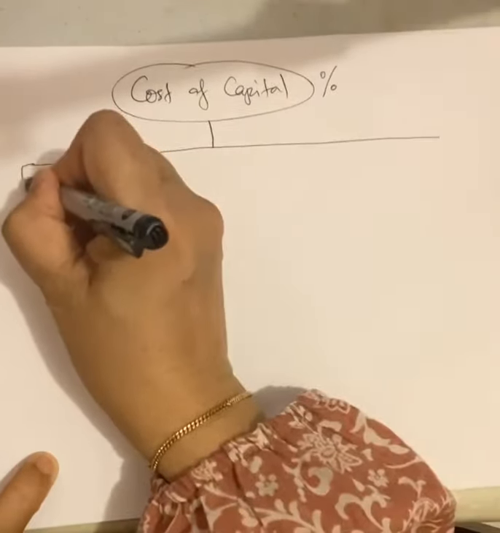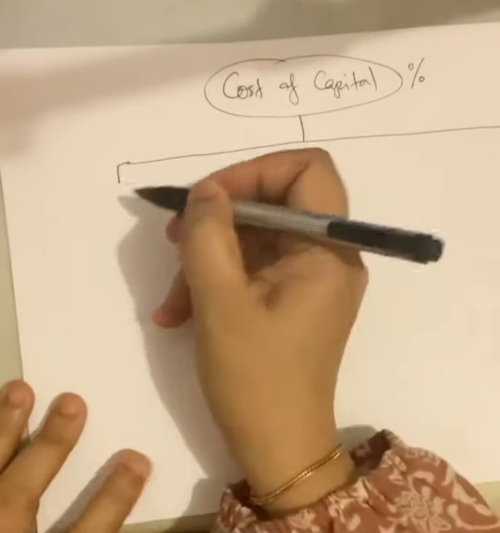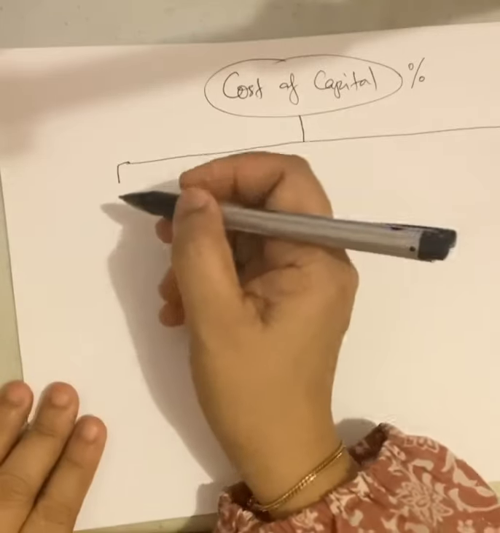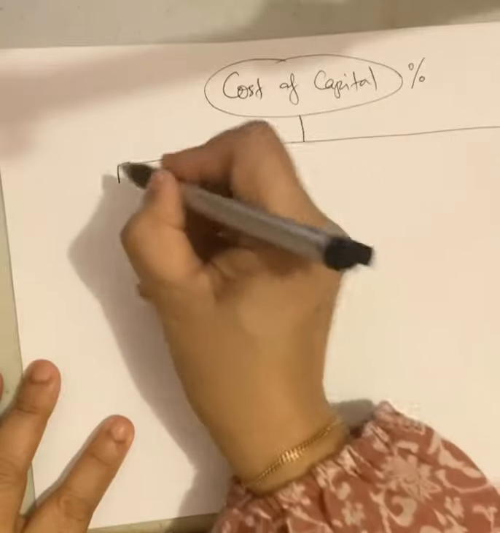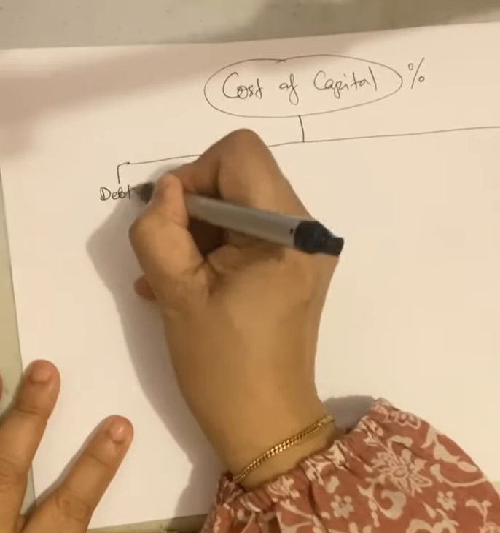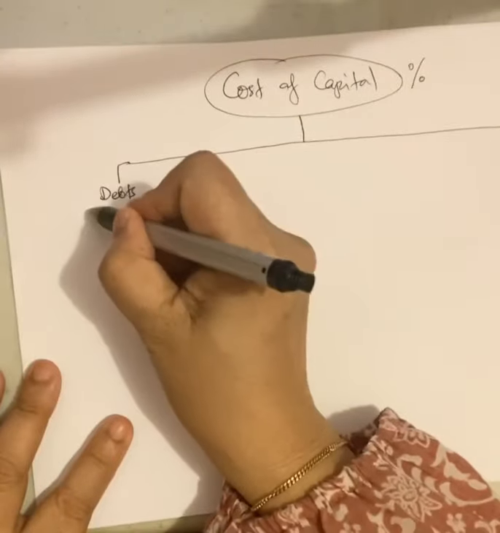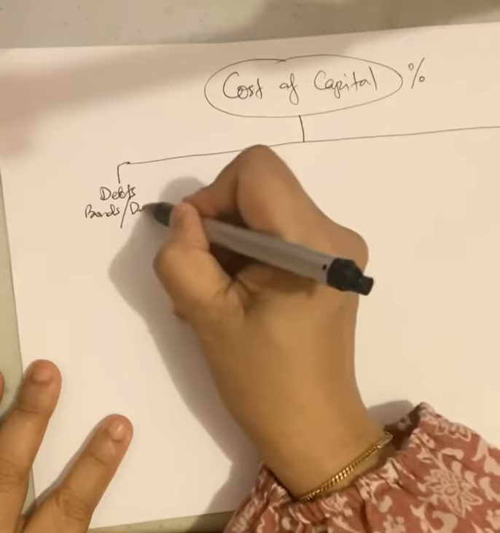Okay, let's look at the debts. So the cost of debt in financing, or in other words, the borrowing. So for debts, normally it is in the form of bonds or debenture.